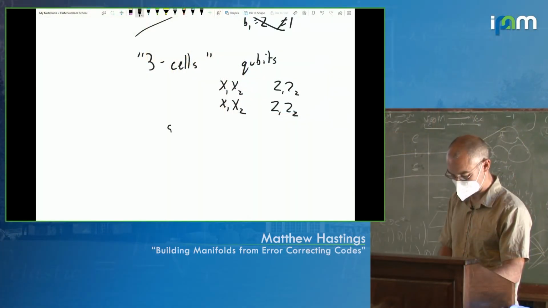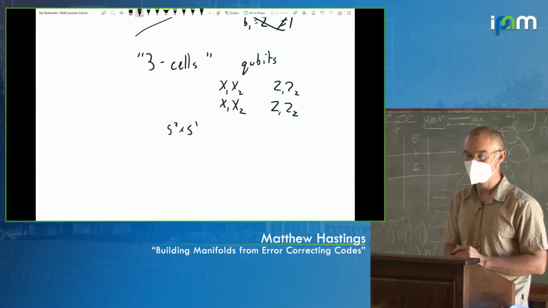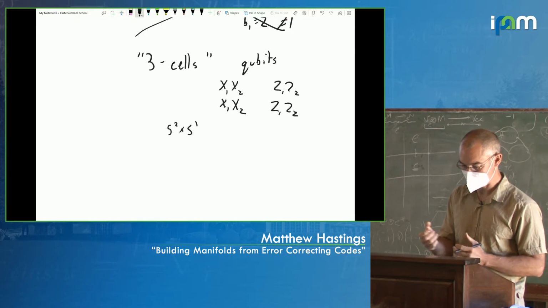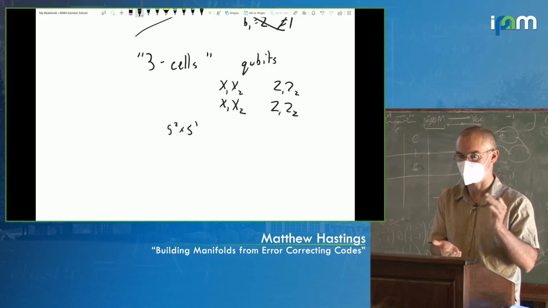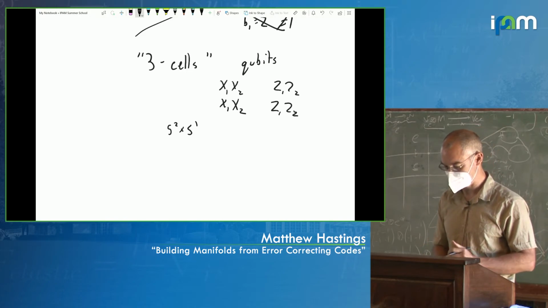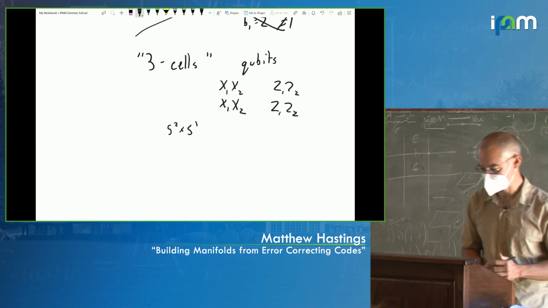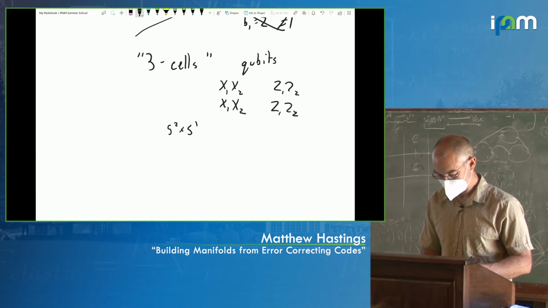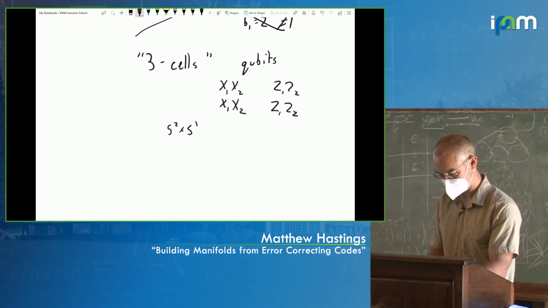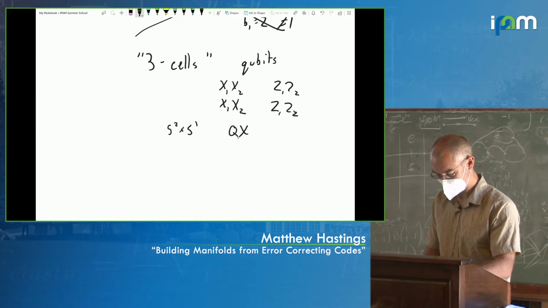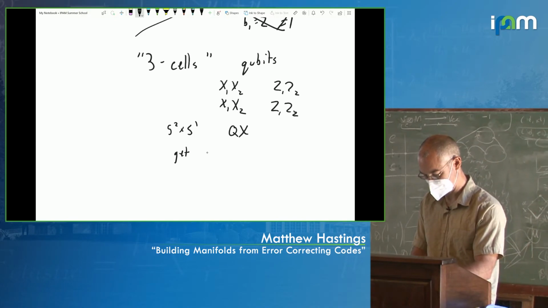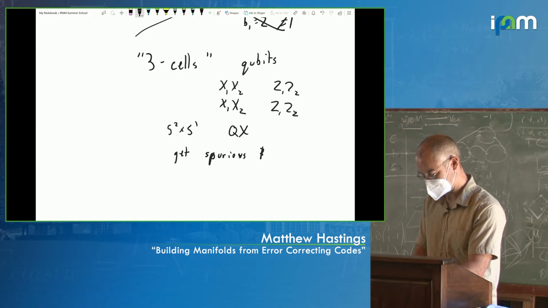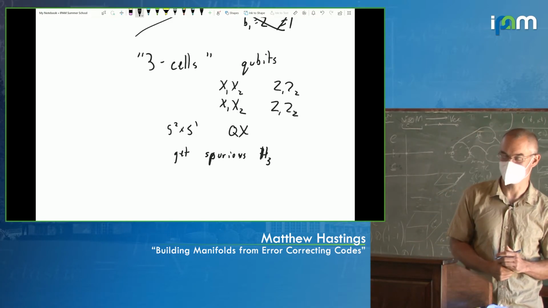I think what you get is something like S2 cross S1, and after forming this cell complex from the Q and the X and gluing on the Z checks, you get spurious third homology. So you still get spurious H3 when you glue on those.